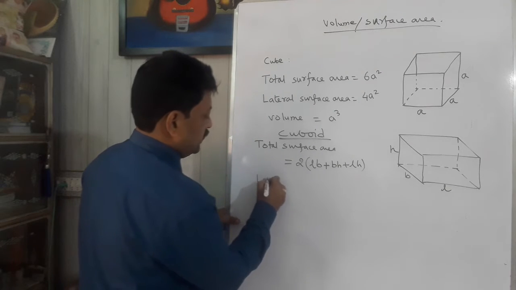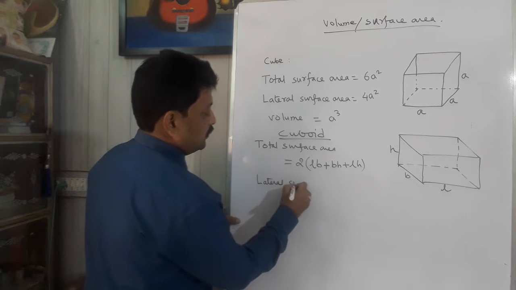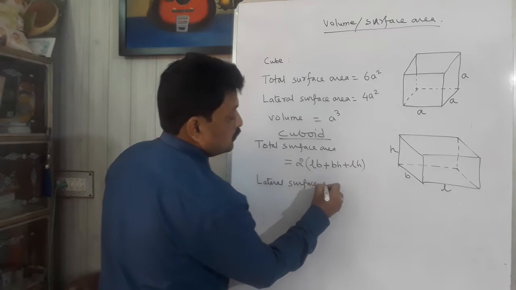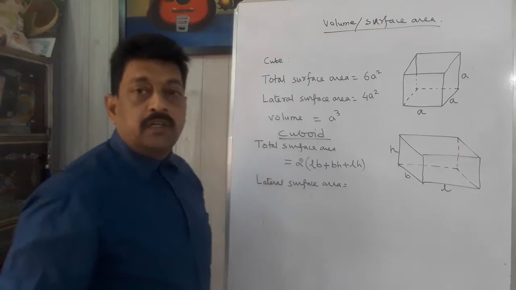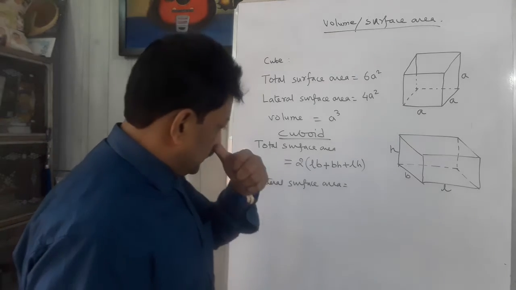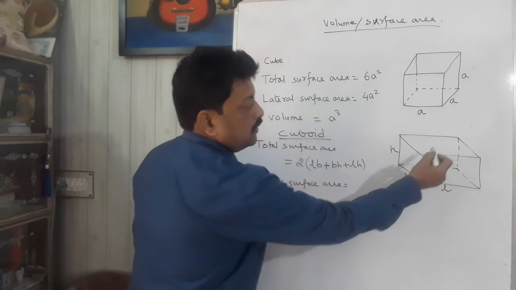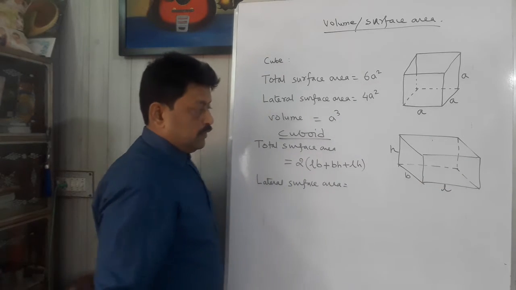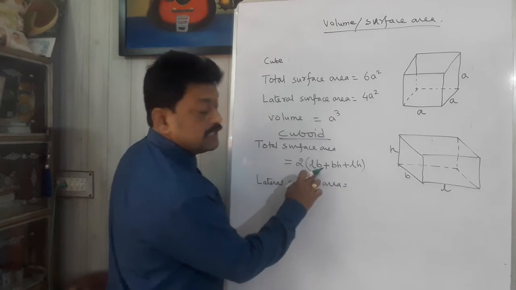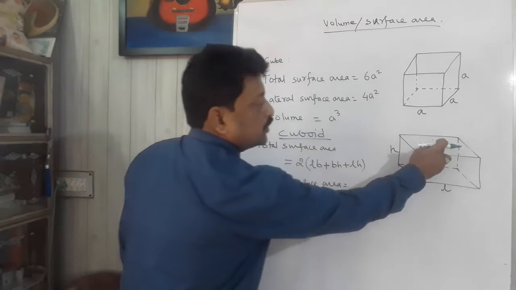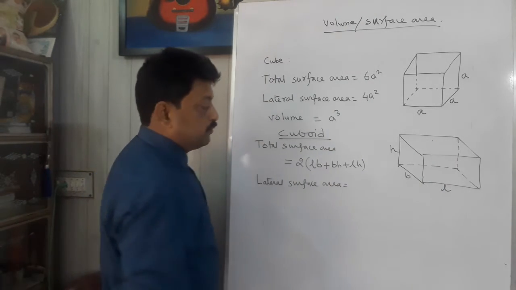And lateral surface area is sometimes also called the four walls. So in the four walls, the top and bottom is not there, so we have to remove this length into breadth, because area of the top and bottom are length into breadth.